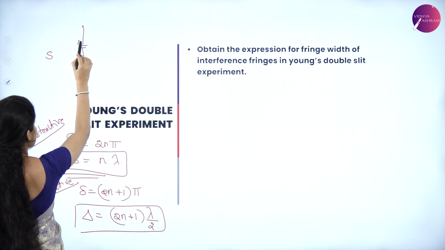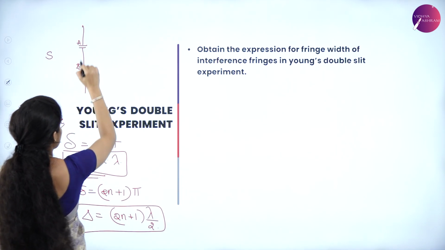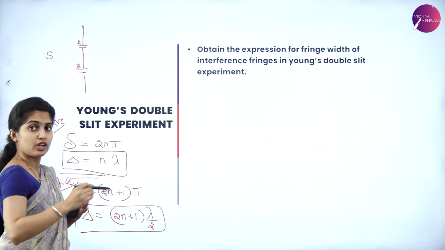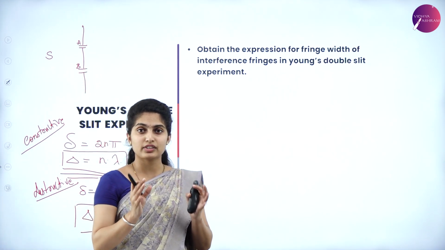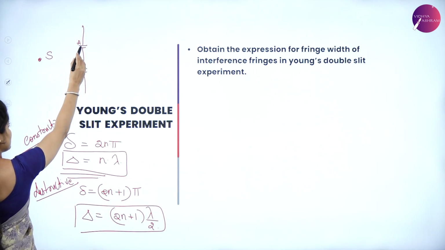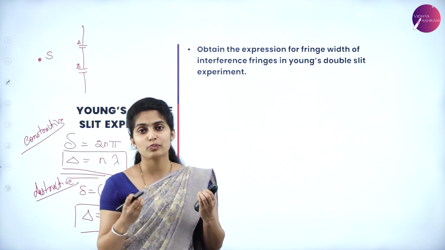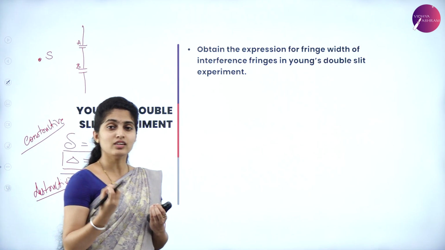We can consider this as A and this as B. The light passing through the slits, from a monochromatic source, makes the two slits coherent sources.